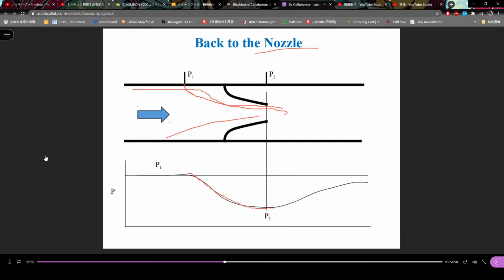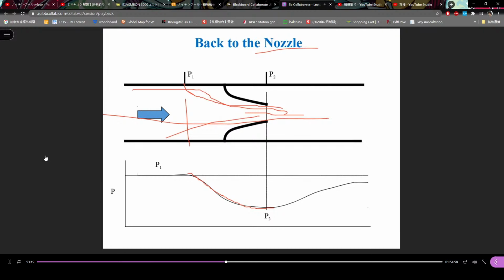Why? Because the velocity is higher, and the pressure must be lower. According to Bernoulli's equation, the total pressure must be the same, and we neglect the potential pressure difference, and the internal pressure, and the energy and the kinetic energy sum must be the same.